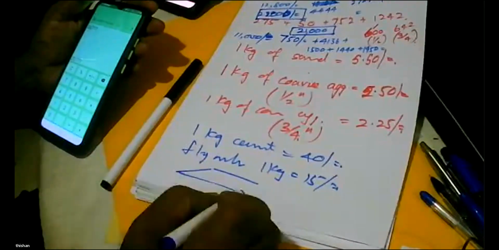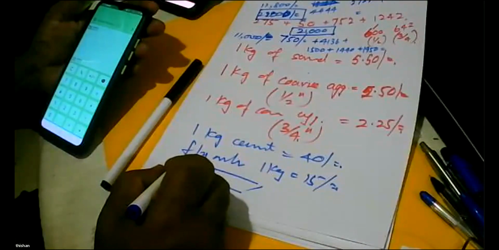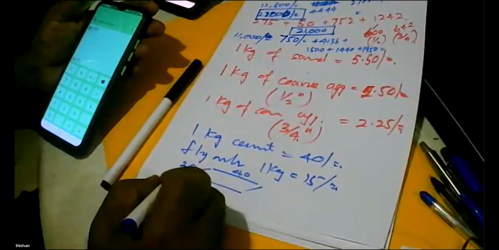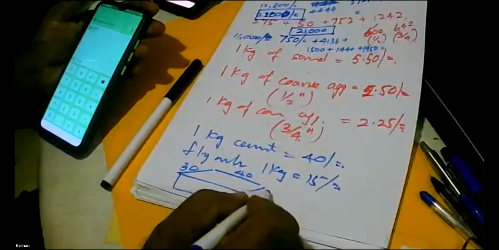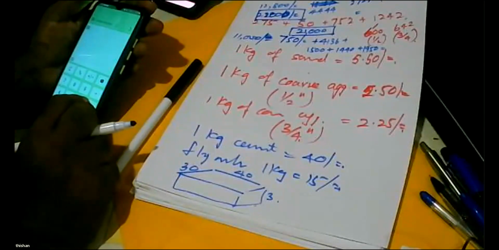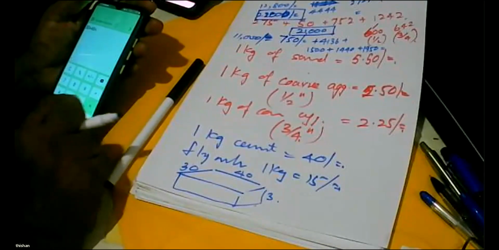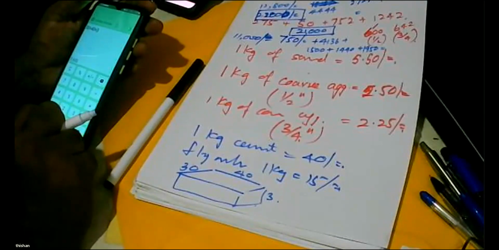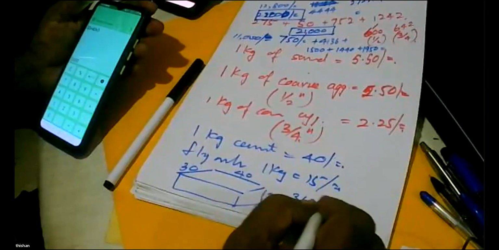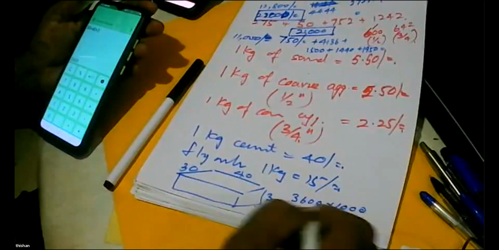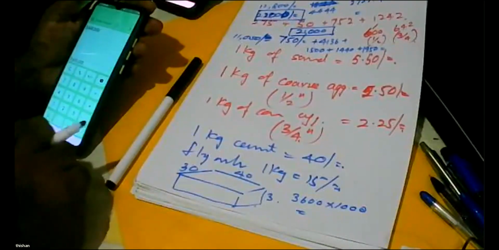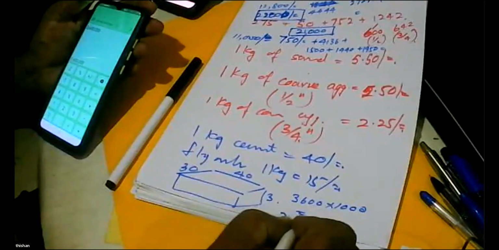You have a large pour. 30 meters by 40 meters by 3 meters. So how many meter cubes? 30 multiplied by 40 multiplied by 3, 3,600 meter cubes multiplied by 1,000 rupees saving, 3,600,000.